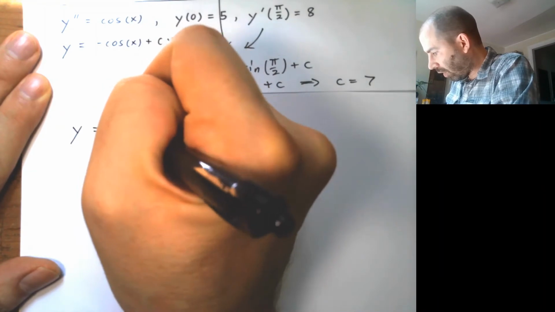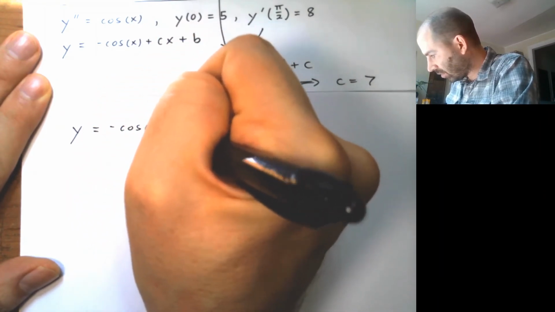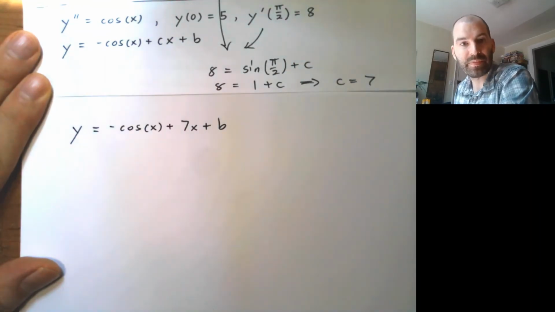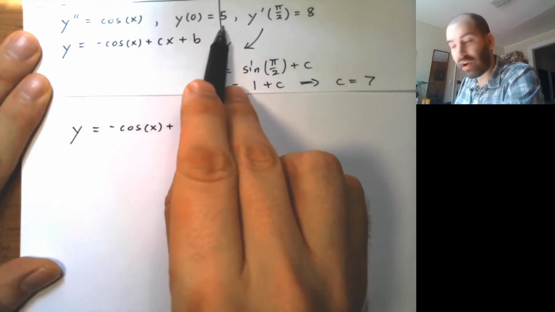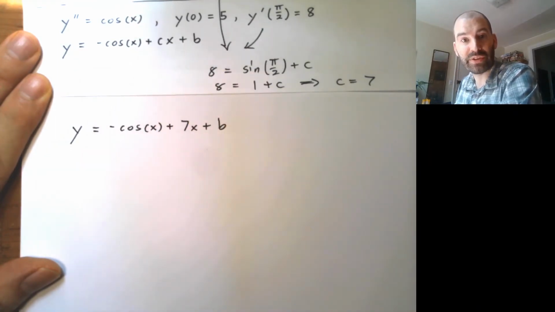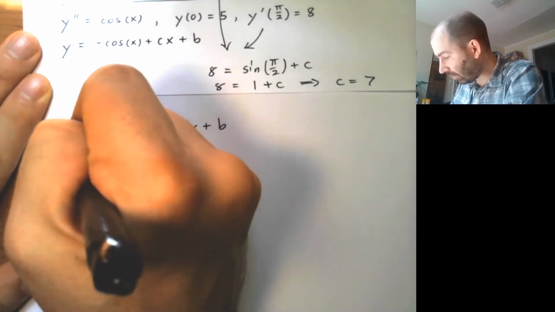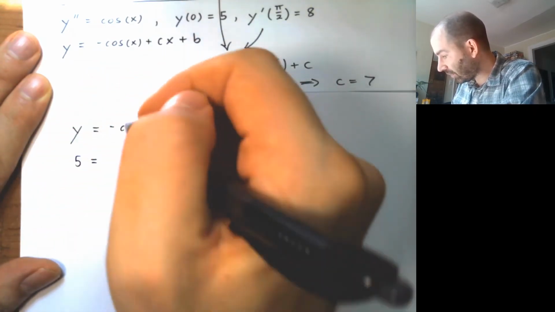So now we know that y is this. We've figured out what c is. Now let's figure out what b is. Well, for that one, we're going to use this other condition, y of 0 equals 5. In other words, when x is 0, y is 5. So let me put 5 in place of y and 0 in place of x.